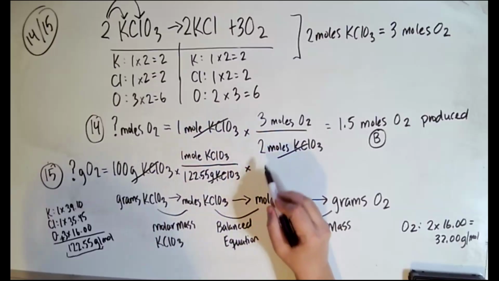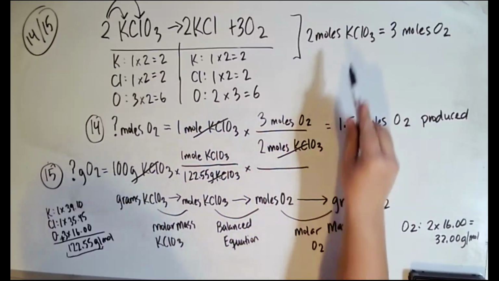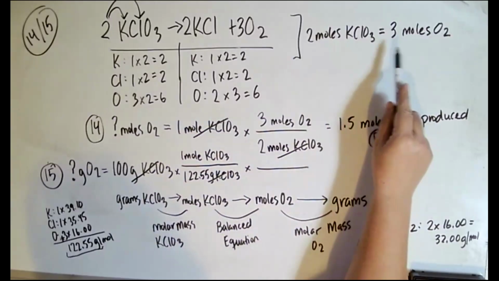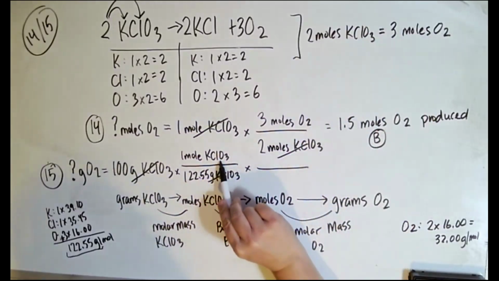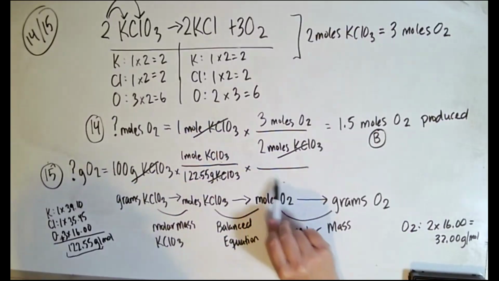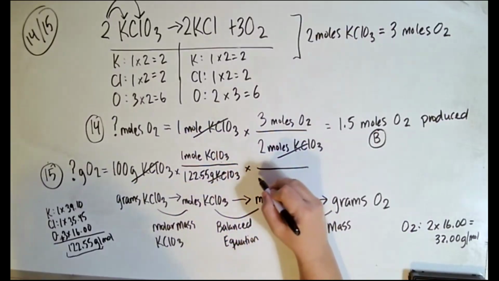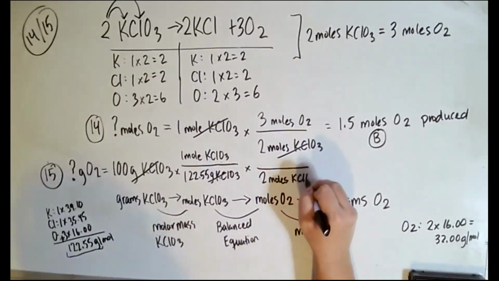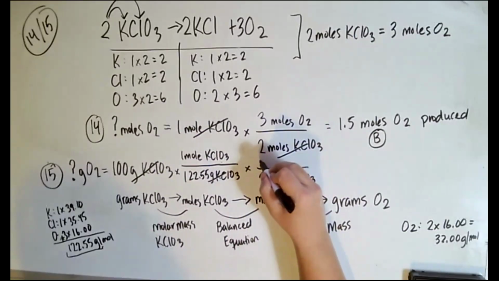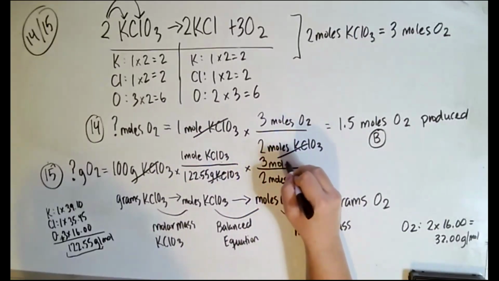And then in our next step, we're going to use our relationship between moles of KClO3 and moles of oxygen. So we're going to put our moles of KClO3 on the bottom so that these can cancel out, and we'll put our 3 moles of oxygen up top.